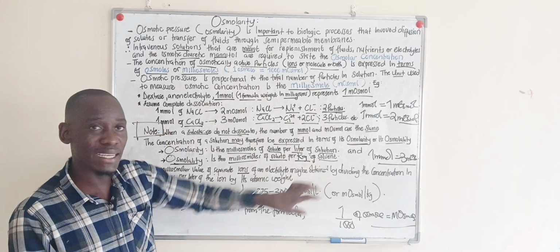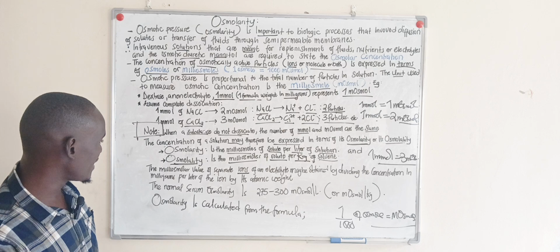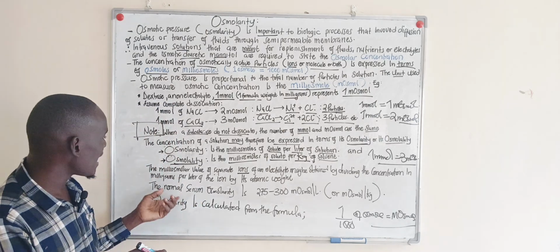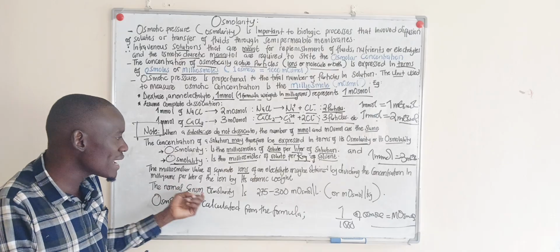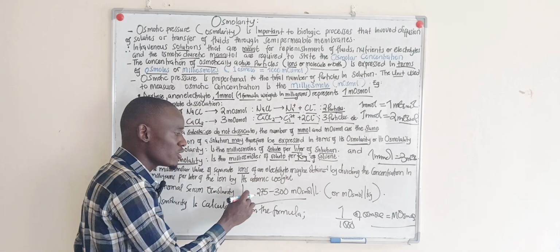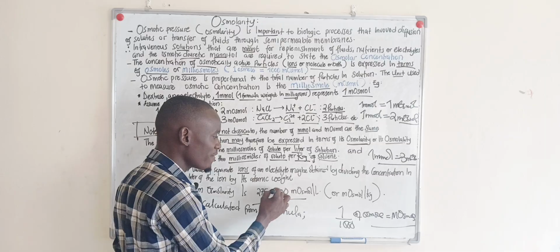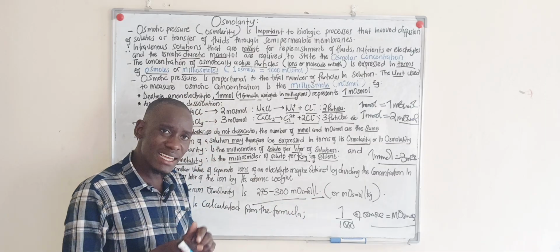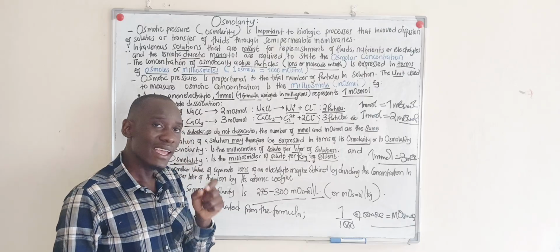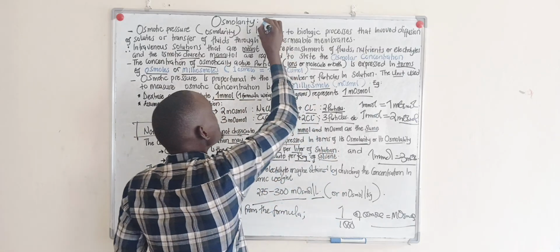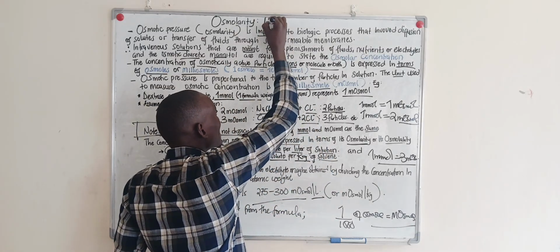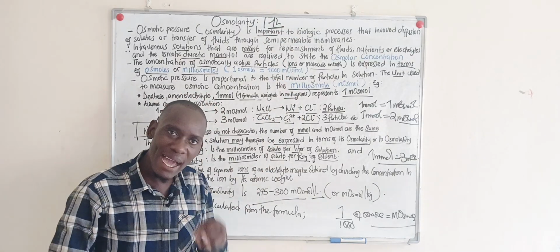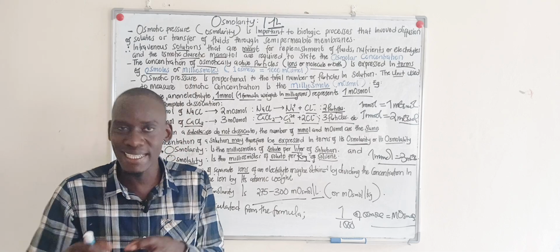We should also note at all times that the normal serum osmolarity ranges between 275 and 300 mOsmols per liter. And the other thing we need to note is that osmolarity is measured in liters. So every time you are calculating osmolarity, the answer should always be per liter.